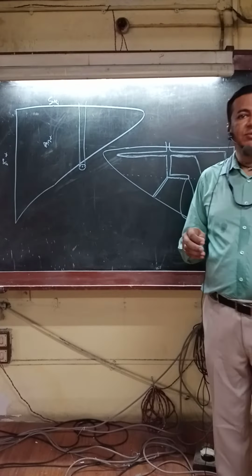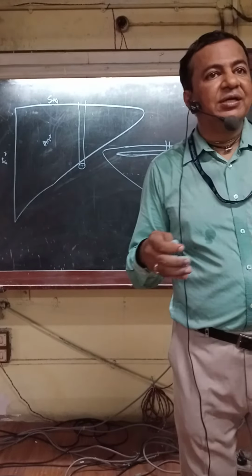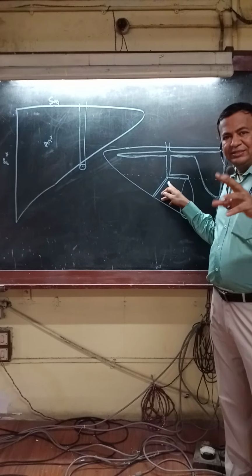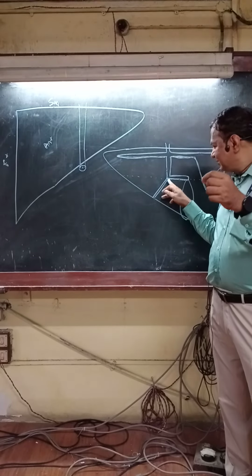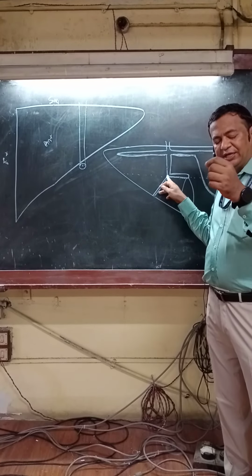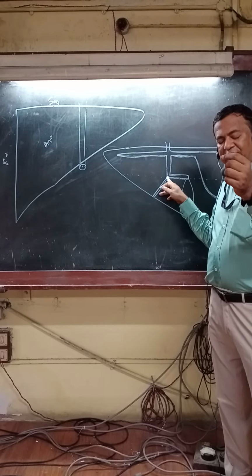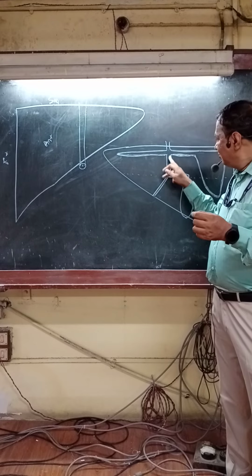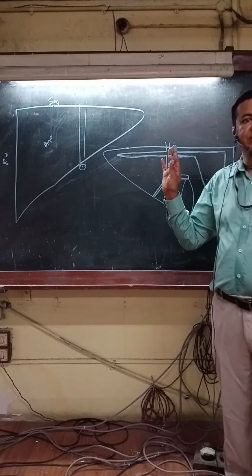Now, why do you want to give the entire blood to the liver? Because it gives blood to the left branch of the portal vein, and from there arises this ductus venosus. This ductus venosus goes to IVC.